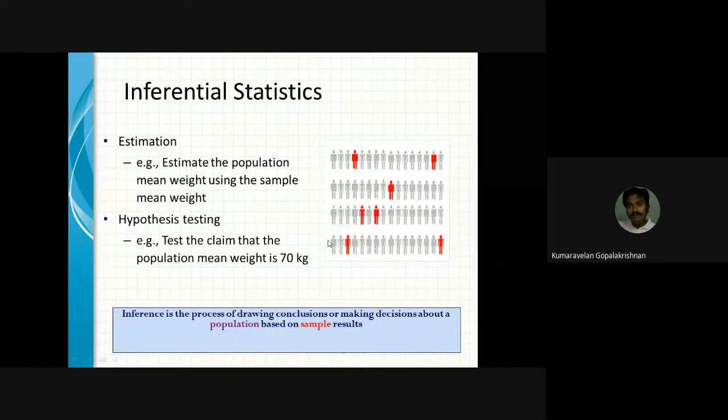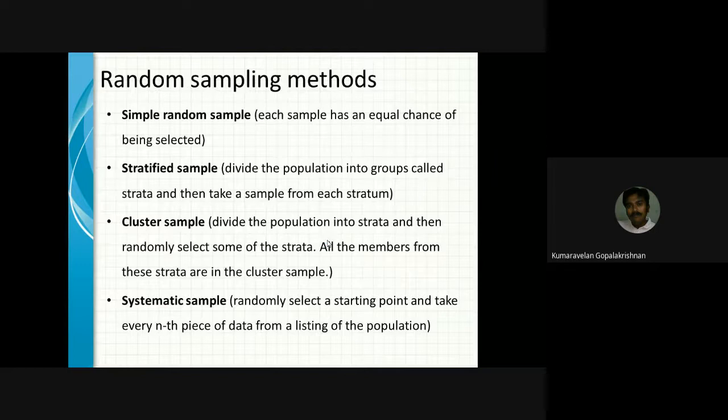Like that, if I move along and pick the points, it is called systematic sampling. So these are the 4 ways in which you can select samples from a given population, right? If it is a social science research, the first question they will ask you is what kind of sampling you have applied. That is very, very important.